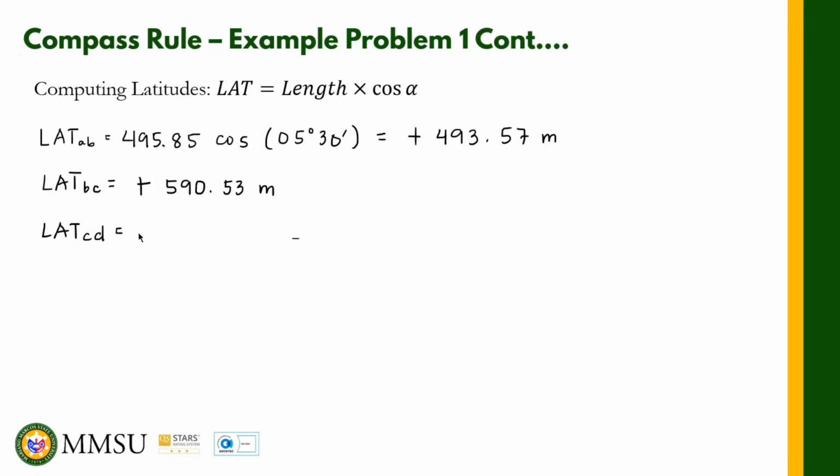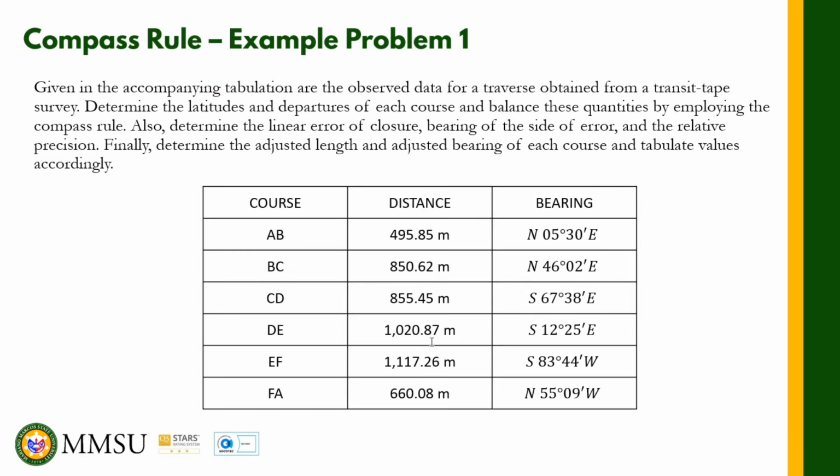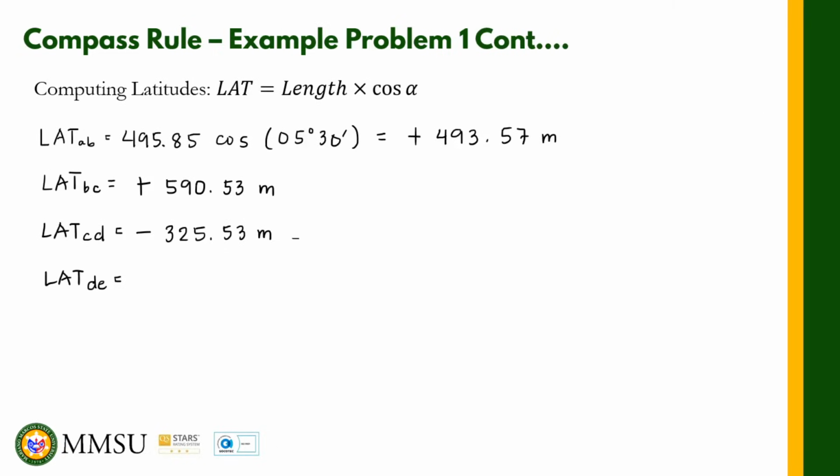So this is negative 325.53 meters. Next, for the latitude of DE, we have 1020.87 meters multiplied by the cosine of 12 degrees 25 minutes. This is south, so this is negative.